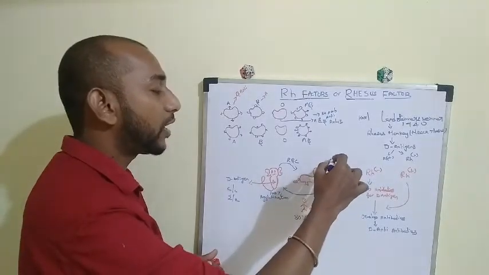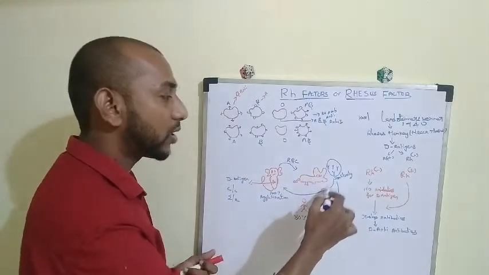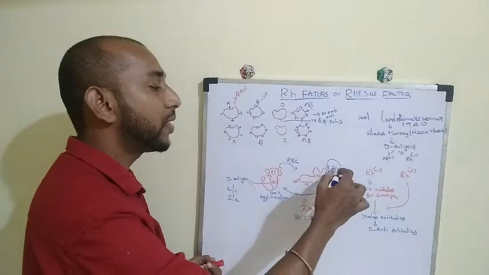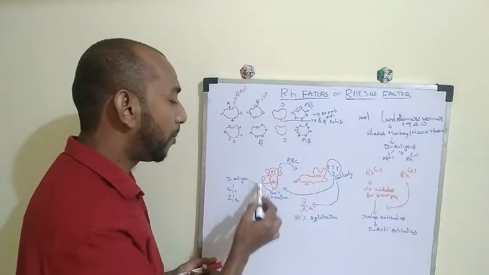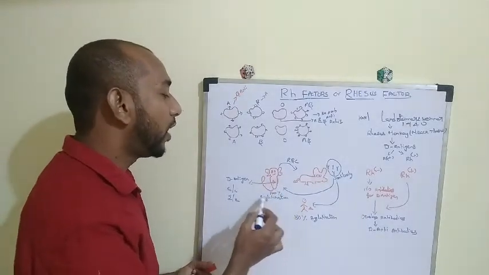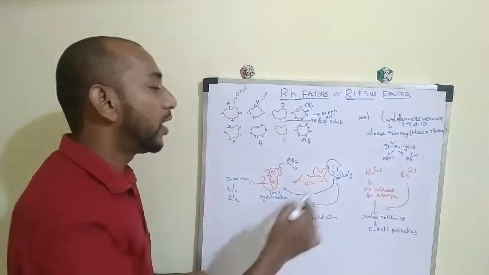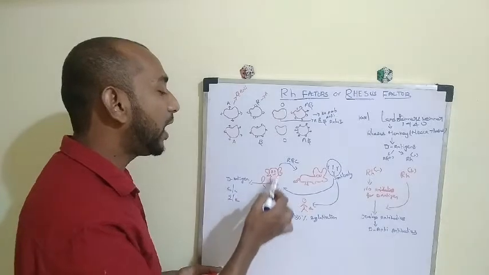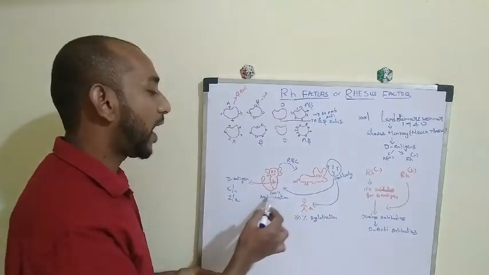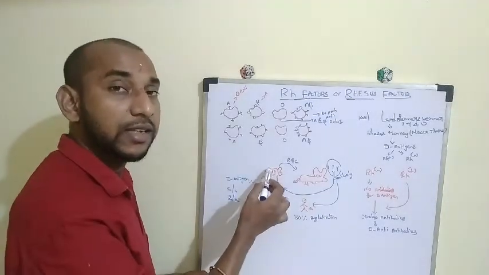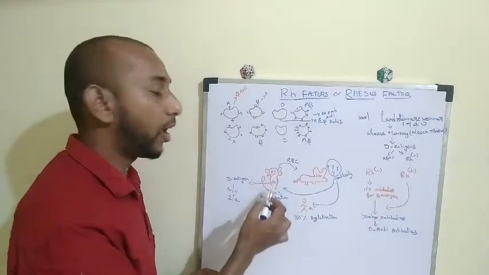So what they did, they collected the antibodies containing the antiserum and transfused it into monkey's blood and found that the monkey's blood showed 100% agglutination, which means the antibody started attacking every red blood cell because the antibody doesn't recognize the antigen present in the monkey.